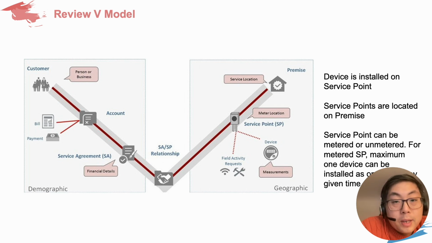The service point can be either metered or unmetered. For a metered service point, there can be only one device installed at a service point at one time. As time passes, you could uninstall a meter and install a new meter, but at any one point, each service point can have only one active device installed.